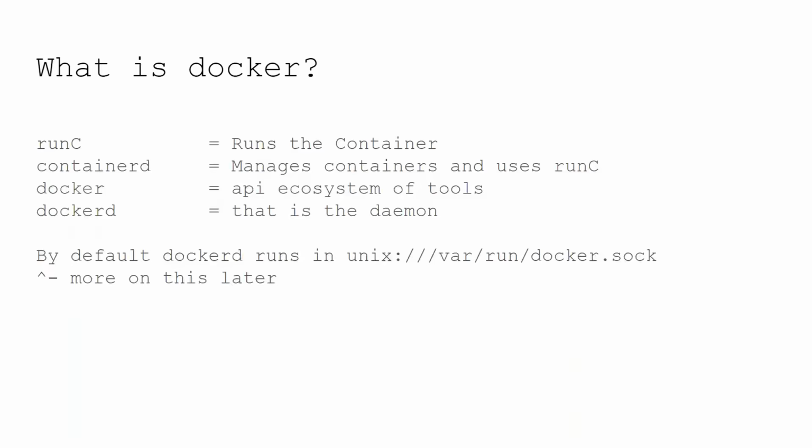But anyway, before that, they open sourced a bunch of this stuff. runC is what runs the container and actually does all the kernel work. containerd manages the containers themselves and uses runC to run them. And then you have two other processes, one you may know of, Docker: there's the Docker daemon, dockerd, that actually controls how containerd operates. By default, it's bound to a Unix socket. We'll talk about that here in a minute.